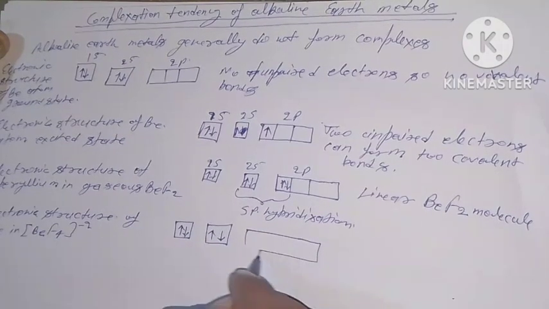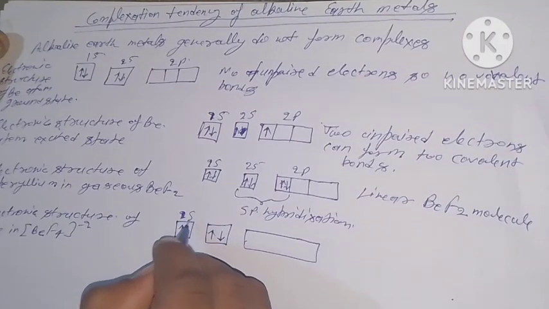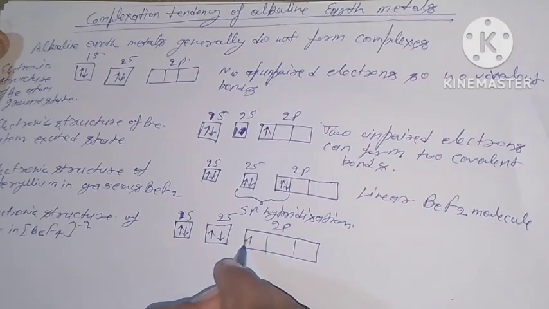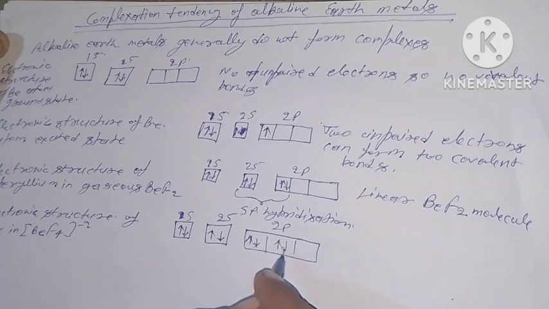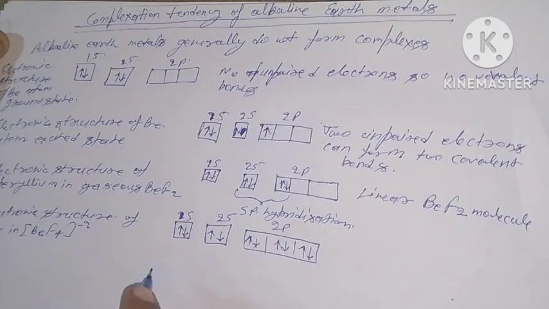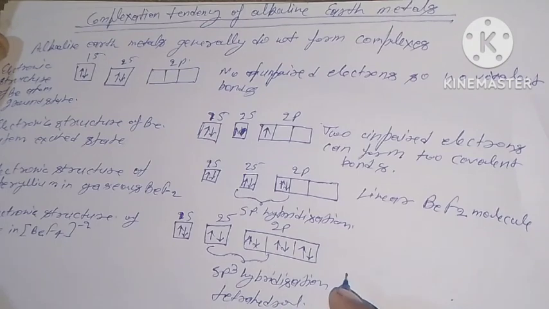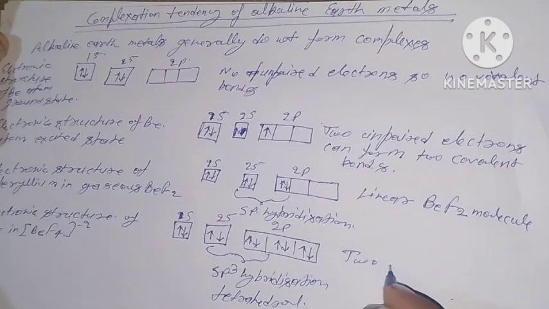That is 1s, 2s, 2p. That is sp3 hybridization, tetrahedral.